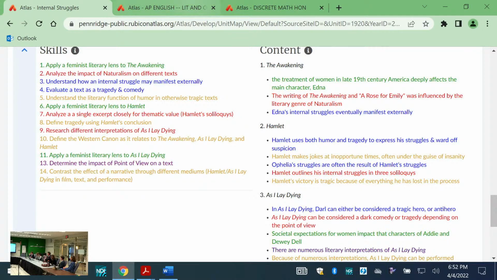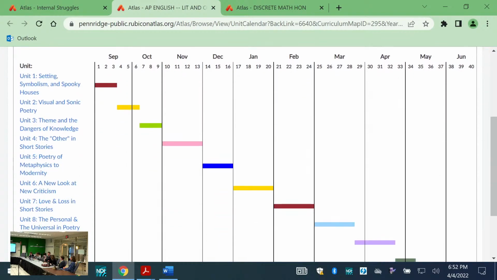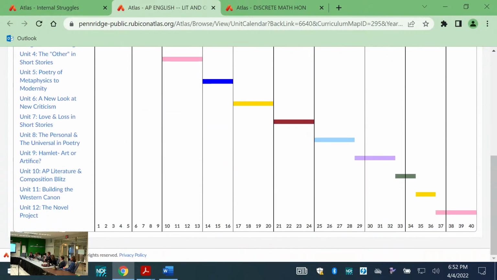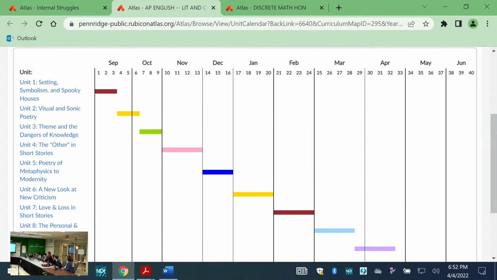So the next is AP Lit. Unlike Western, this has 12 units. I'm really going to let Mr. Linsky talk about this course because when he took over this course, last year, he really took it in a different direction to make sure it was aligned with the AP Literature and Composition exam in terms of the amount of time they're spending in each section.